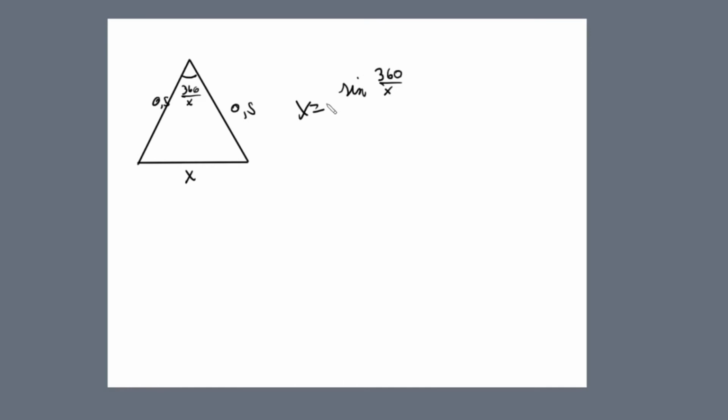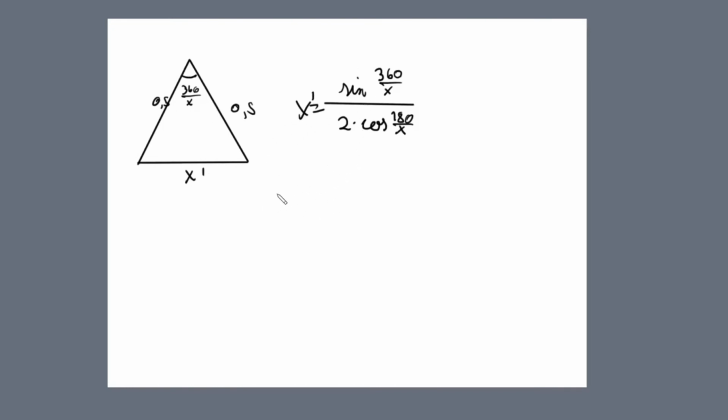But the point is that in a triangle where both of your sides are equal to 0.5, and this angle is 360 over x, you can figure out that this size is equal to the sine of 360 over x, all divided by 2 multiplied by the cosine of 180 over x, with x being the number of sides.